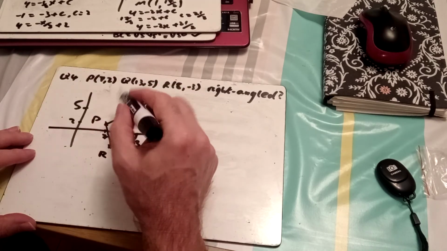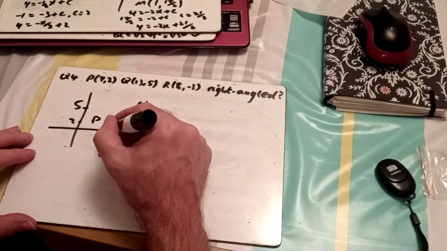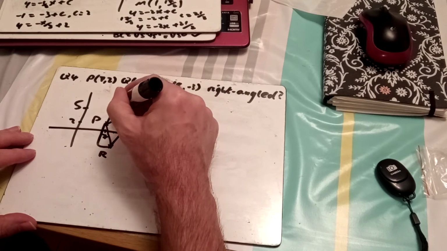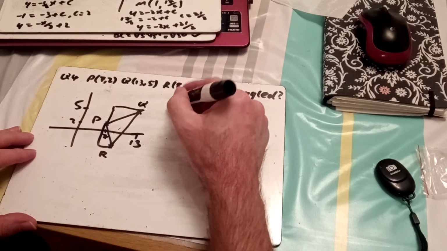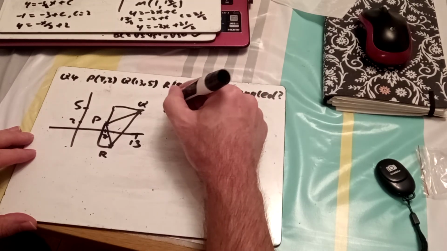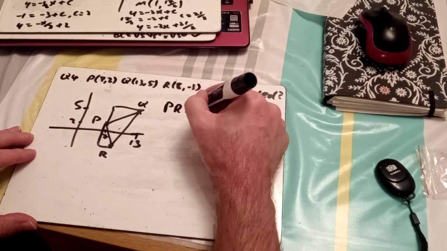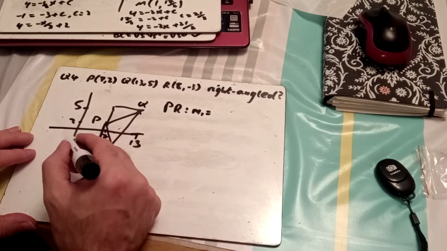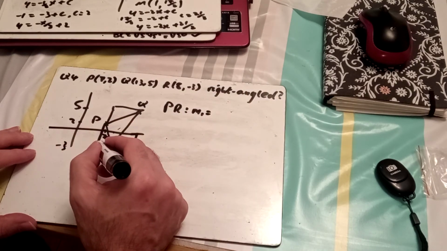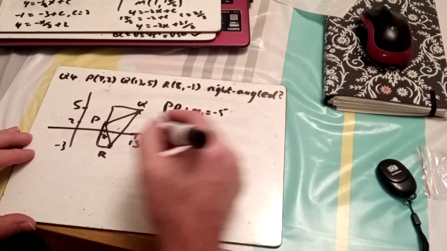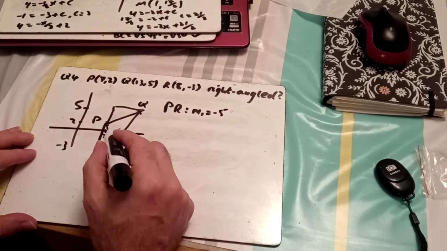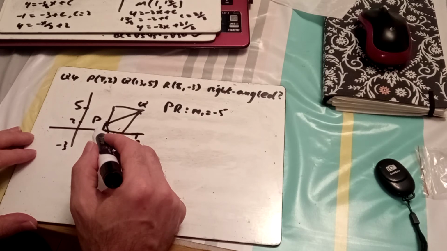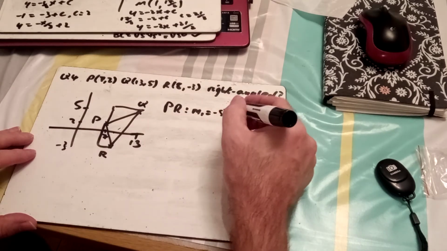So let's have a look at these two here. PR, and M1 equals change: I'm going from 2 to minus 3, so it's minus 5 down, and from 7 to 8, 1 along, so minus 5.